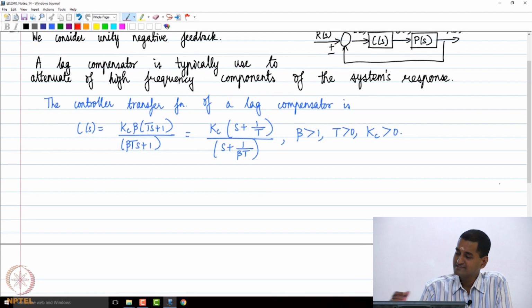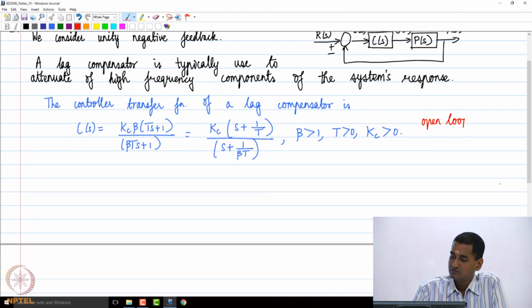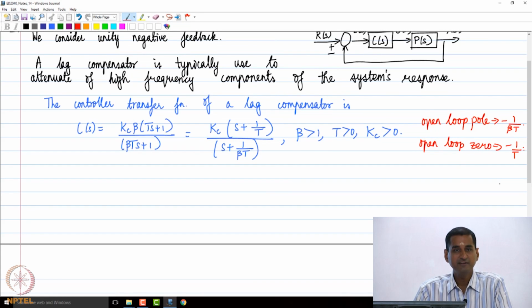Immediately we can see that this introduces an open loop pole at minus 1 over beta T and an open loop zero at minus 1 over capital T. So, we can immediately observe that there is an open loop pole and an open loop zero being introduced by this lag compensator.